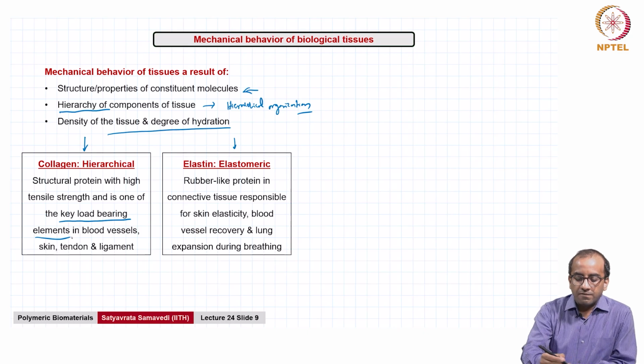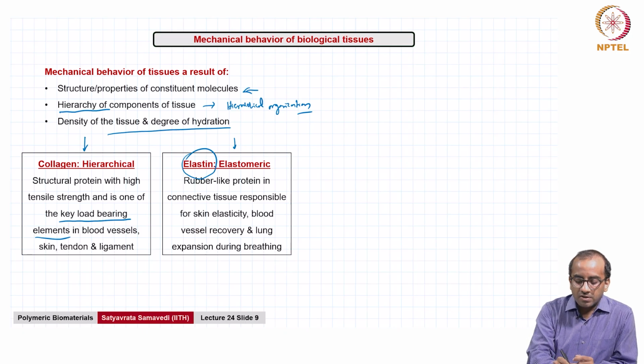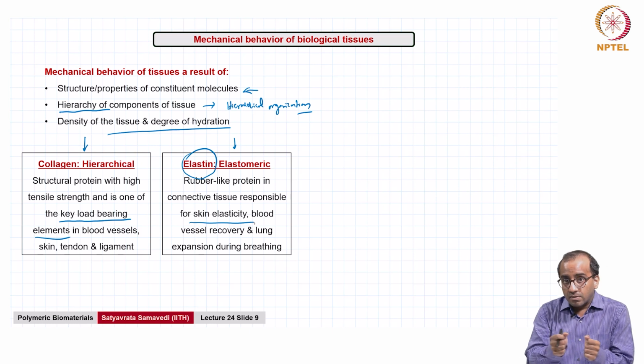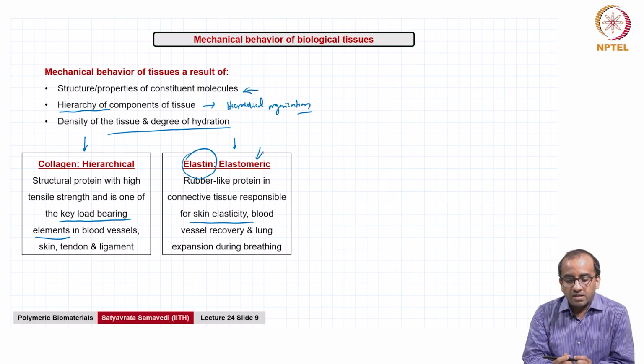Of course, you also have elastin, which is elastomeric, or a rubber-like material or protein in connective tissue, responsible for things like skin elasticity, blood vessel recovery during blood flow, and lung expansion during breathing and going back to its original state. Again, you see elastomer-like properties. So these two become very critical.